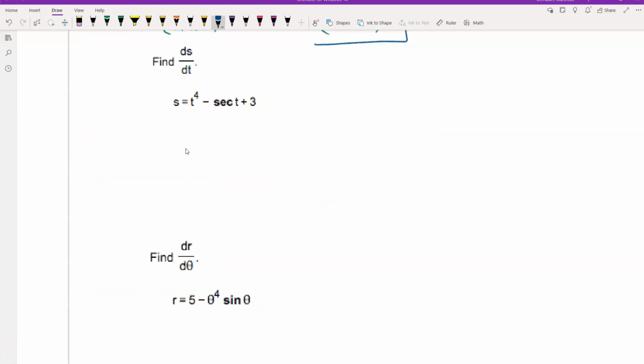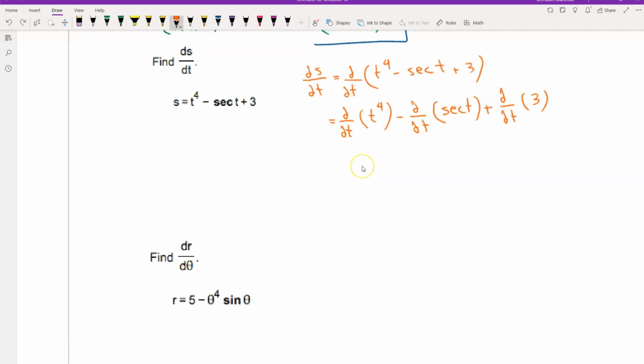Now here on this part, find the derivative of s with respect to t, and s is equal to t to the 4th power minus secant t plus 3. So here the derivative of s with respect to t is equal to the derivative of t to the 4th power minus the derivative of secant t plus the derivative of 3.